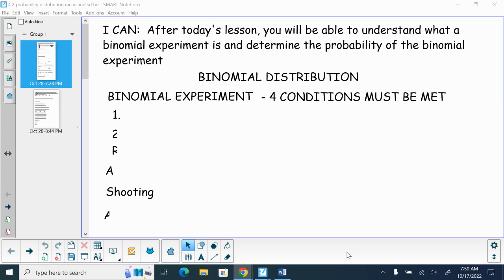Questions on anything? Know the difference between a histogram, which is just your data values, and a probability distribution, where you may have to calculate your probabilities and then draw your graph down there.